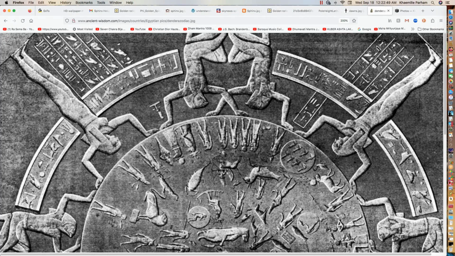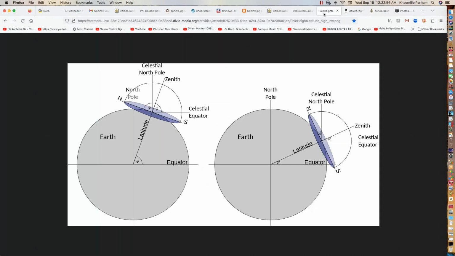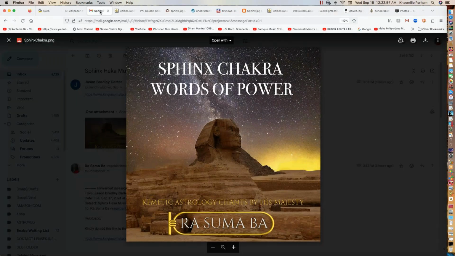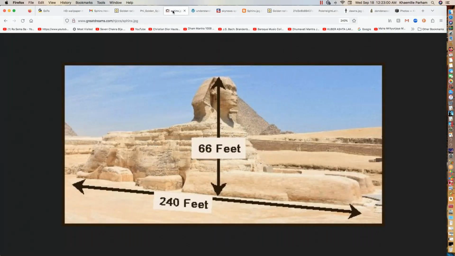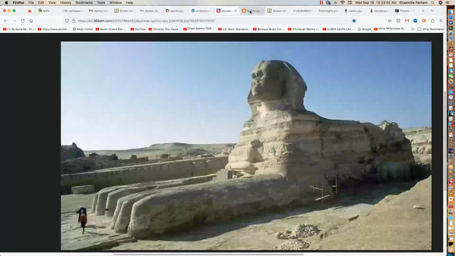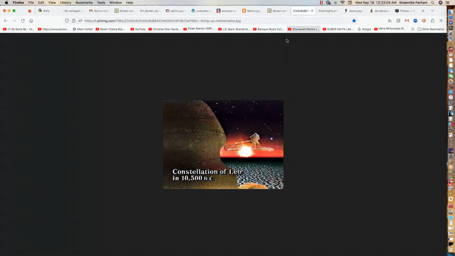And in our last moment, I want to mention a few things here. We saw here the Sphinx is looking here at the constellation of Leo in 10,500 BC.